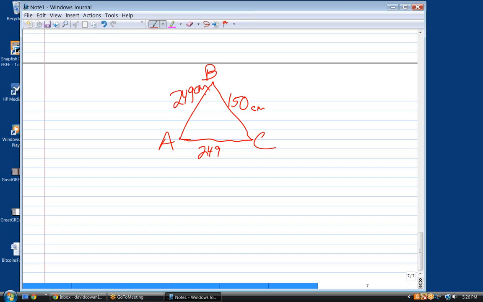And it says, find the size of each angle of the triangle, correct to the nearest minute.